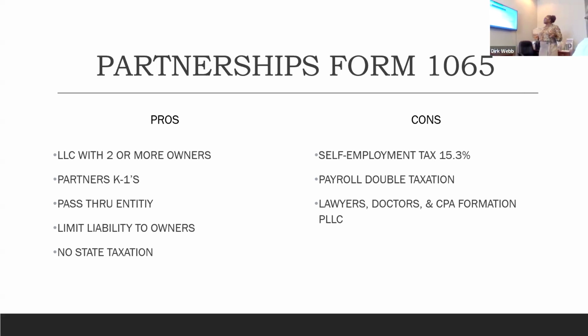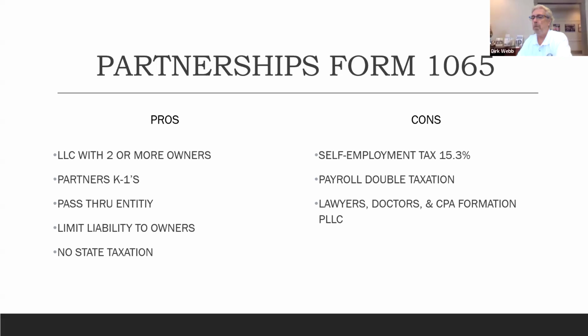So the partnership entity goes on tax form 1065. When you set up an LLC and you're setting up your EIN number with the IRS, if you list that there's more than one owner of the business, the IRS will automatically make you a partnership. They determine basically what entity you are based on the information you put on that application.